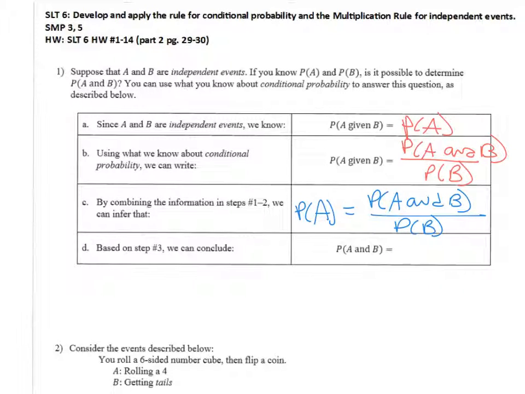And now as a last step, to simplify, if I just want the probability of A and B by itself, we can multiply both sides by the probability of B and get the probability of A times the probability of B.